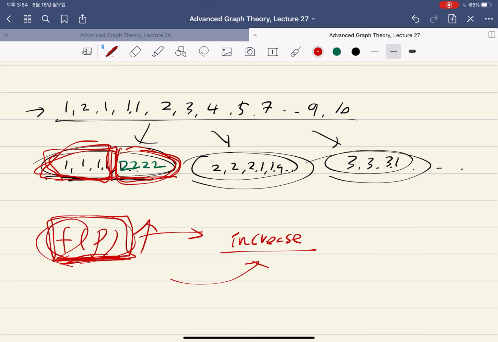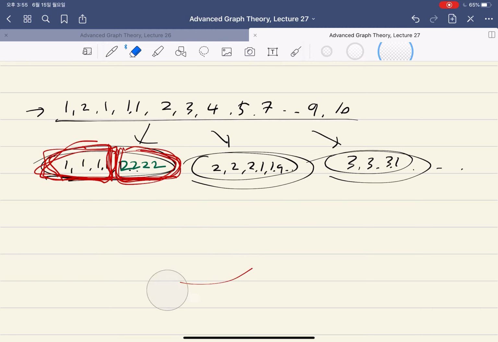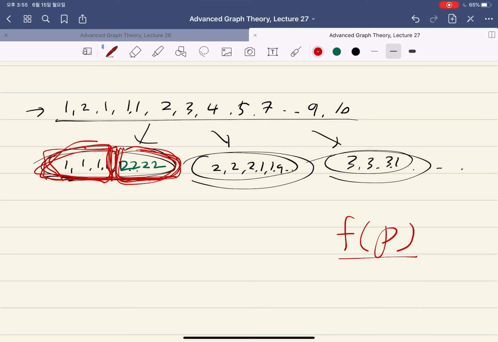So we have to take a certain function such that once we partition this, the function increases. That's now our goal: we want to come up with a certain function such that before it was a certain number, but now we partition further, then this goes up.